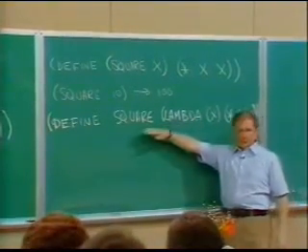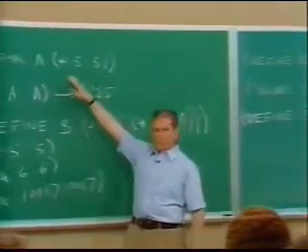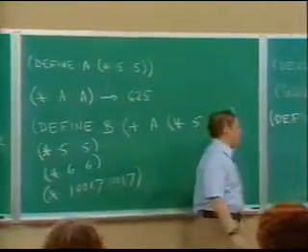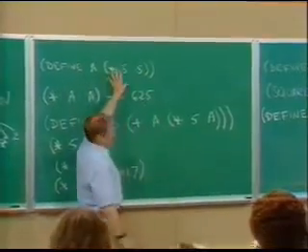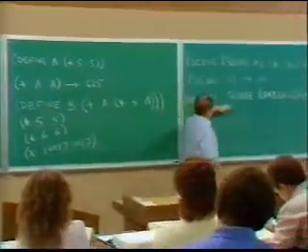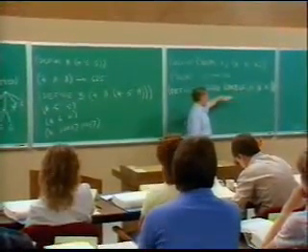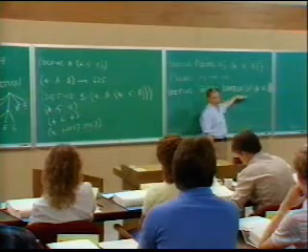Here I'm naming something square. Just like over here I'm naming something A. Here the thing I named A was the value of this combination. Here the thing that I'm naming square is this thing that begins with lambda, and lambda is Lisp's way of saying make a procedure.